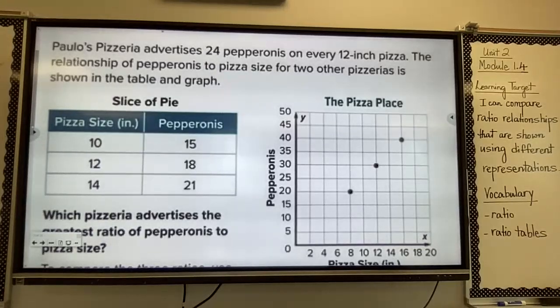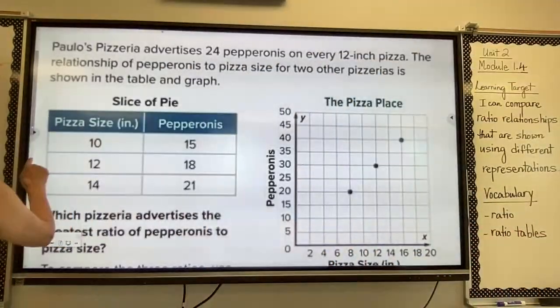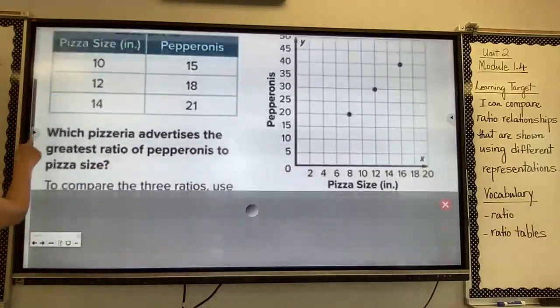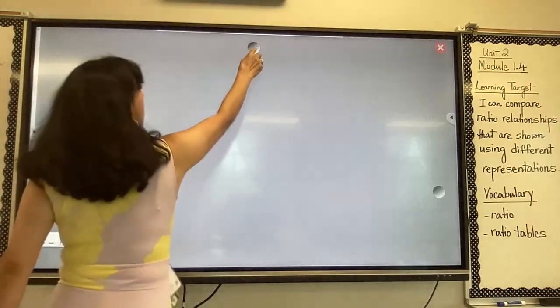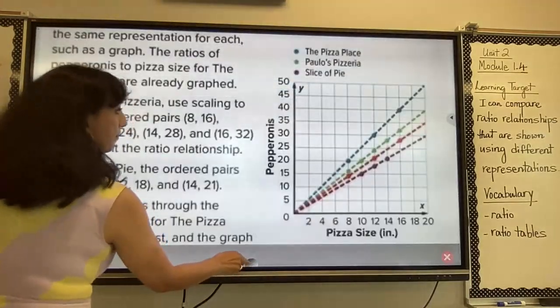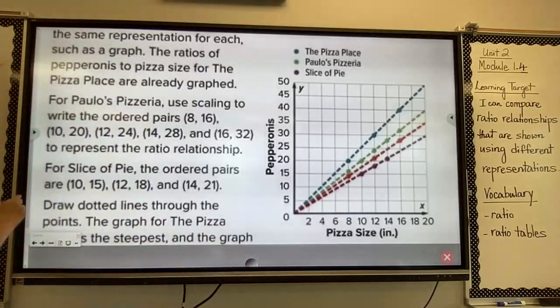If I look at the scaling for Paulo's Pizzeria, you're going to use scaling to write the ordered pairs. So we have, let's go here. I'm going to just show you this really quick. And here, there we go. Trying to graph it all on the same thing.